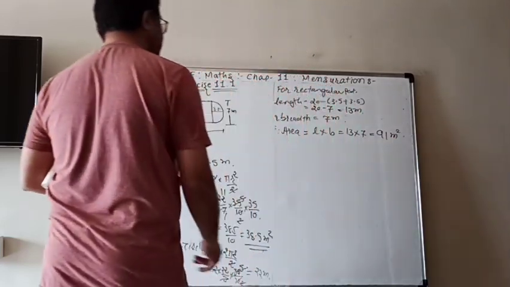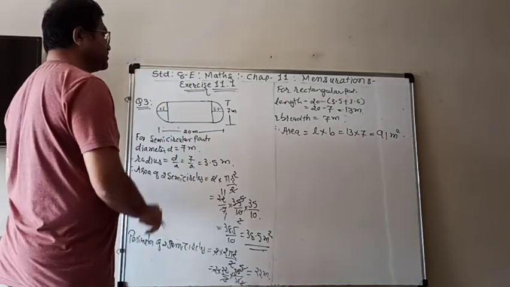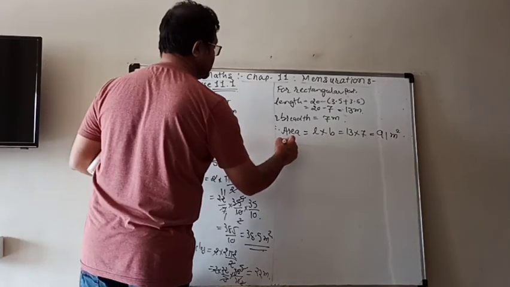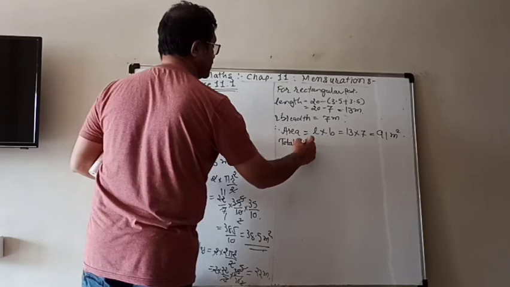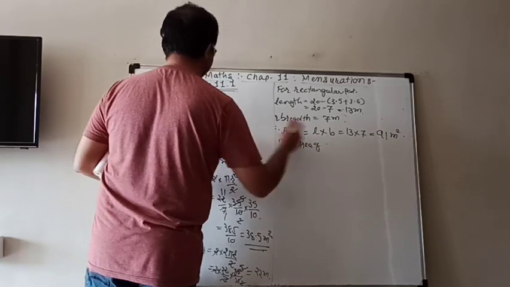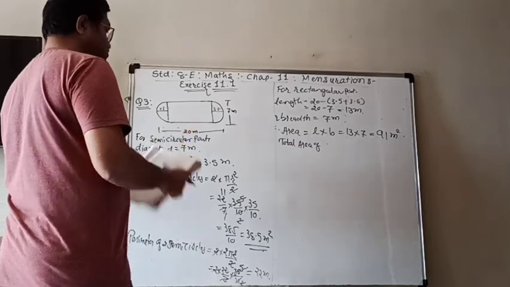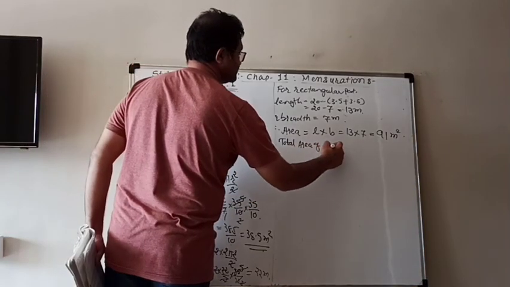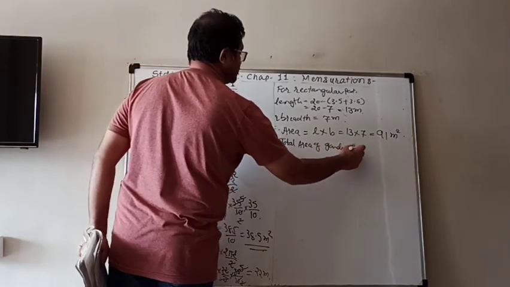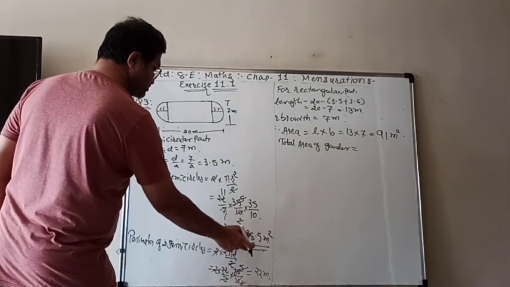So now we have to find the total area. Therefore, the total area of the garden. So we have to add both the areas.